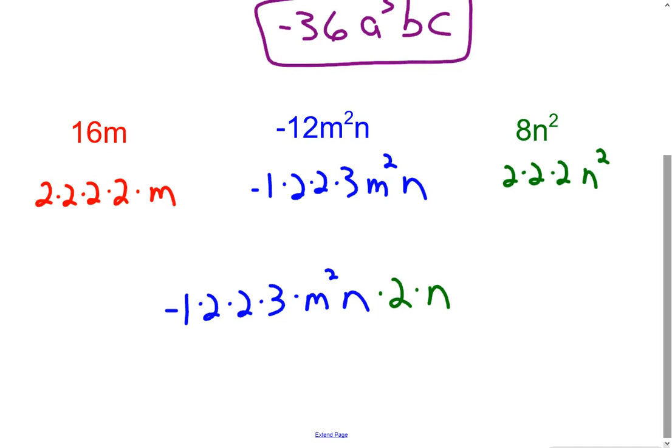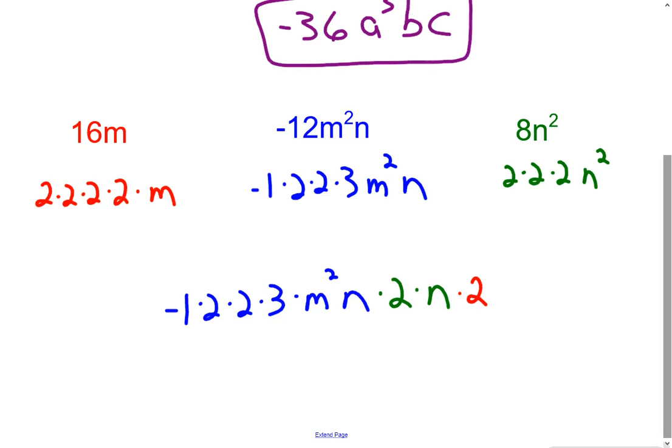Then I go to the red. What is it missing? Well, now I notice that my least common multiple down here has 2 2's from the blue, a third from the green, but I need 4 of them, so I still need one more. We'll put it at the end. And then m, well, we already have m squared, so that's taken care of.